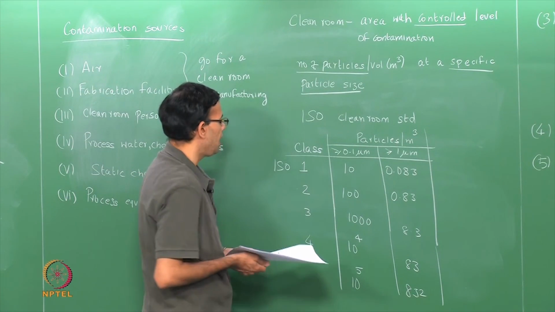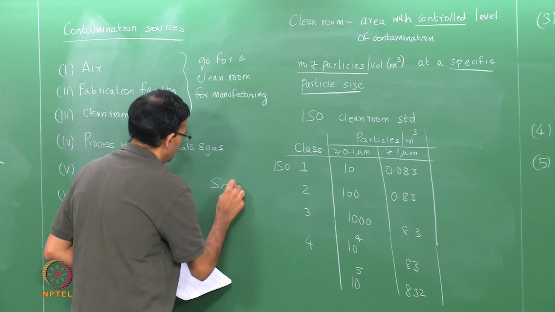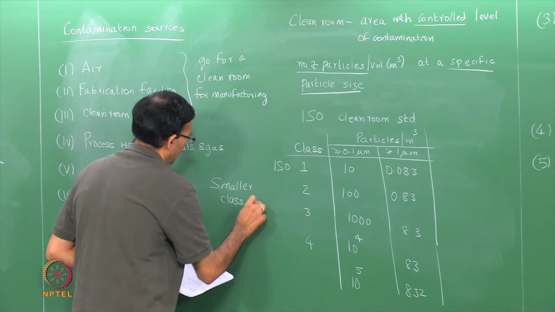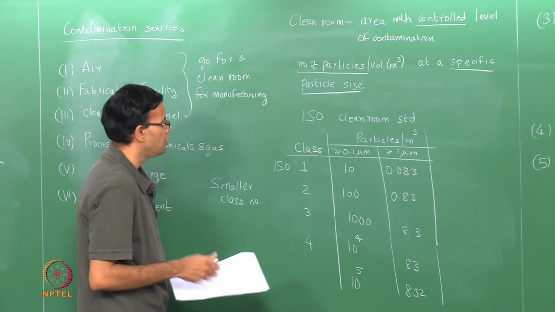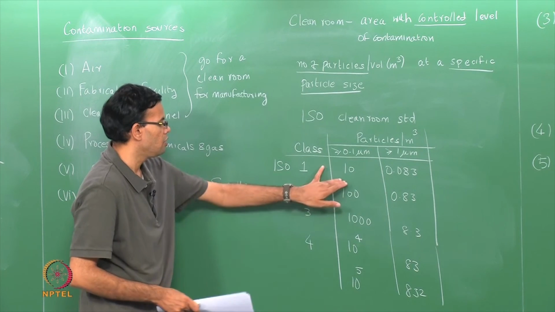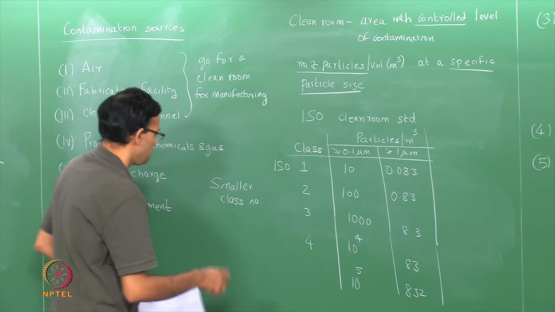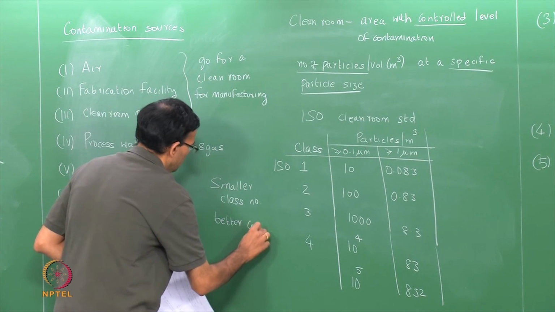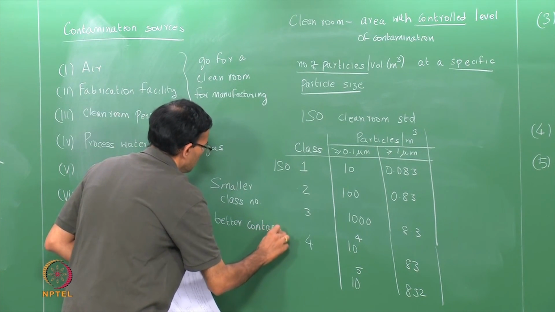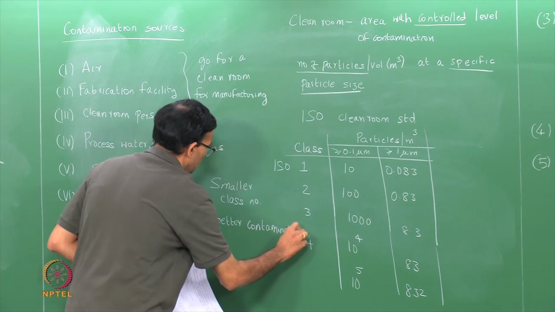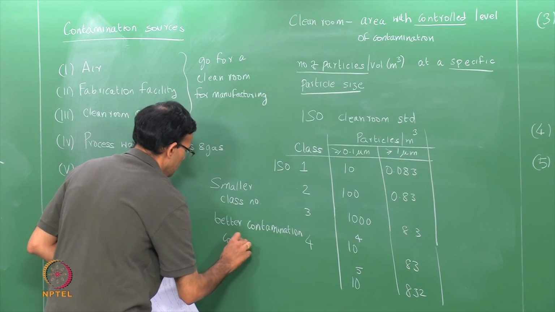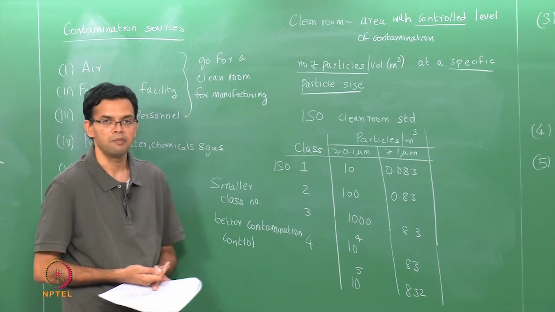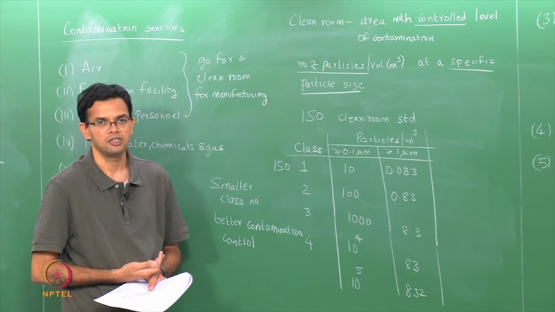So, smaller the class number, the better your clean room cleanliness is, because the number of particles is smaller. Of course, to achieve a smaller class number, we need better contamination control.